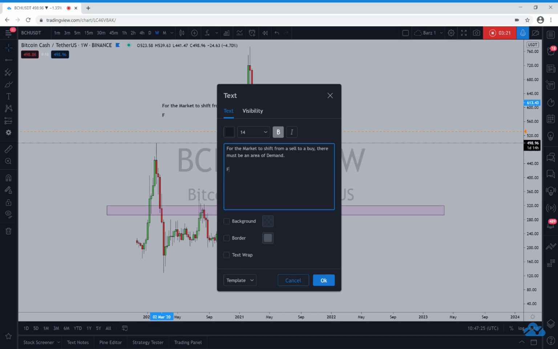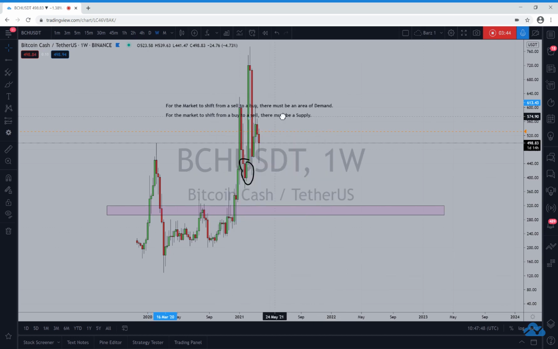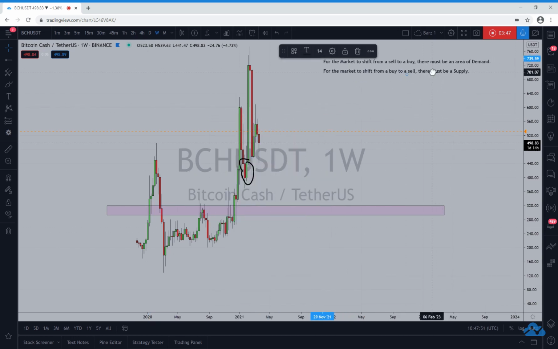And then also for the market to shift from a buy to a sell, there must be a supply, right? So you could add this to a rule that you apply to the market when you're trading, right? This right here is a very, very powerful rule that if you apply it to your trading alone, it's going to give you a whole lot of advantage, right?